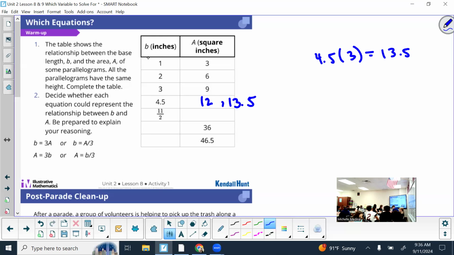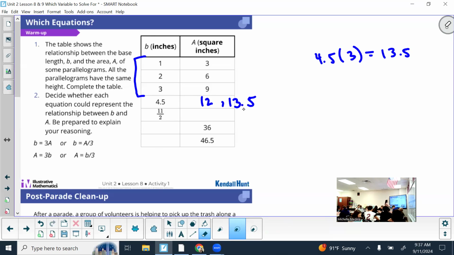So when they are going up by the same amount consistently, then you can keep this pattern going. If this was 4, I would definitely agree that this would have to be 12. But they made it 4.5 instead. So now you're having to look elsewhere to see what the pattern is.